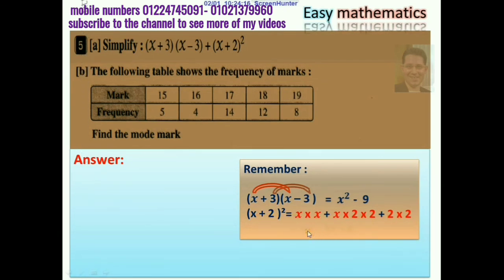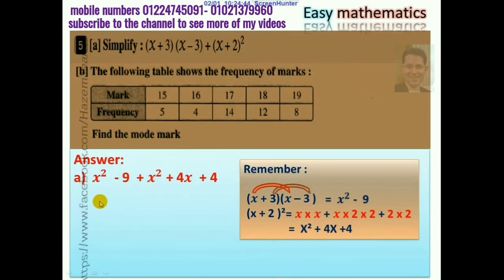So it will be equal x multiply x equal x power 2, x multiply 2 equal 4x, finally 2 multiply 2 equal positive 4. And now we can simplify all of them by writing all of them beside each other like that. We write x power 2 minus 9 beside positive x power 2 plus 4x plus 4, like that.